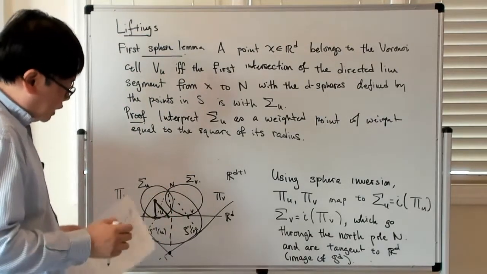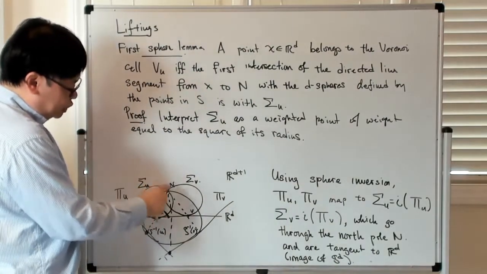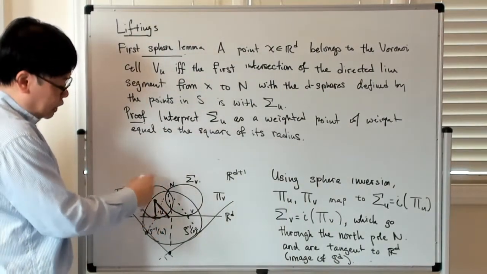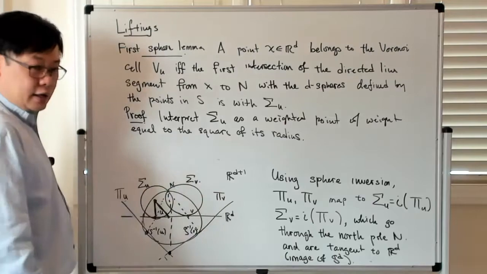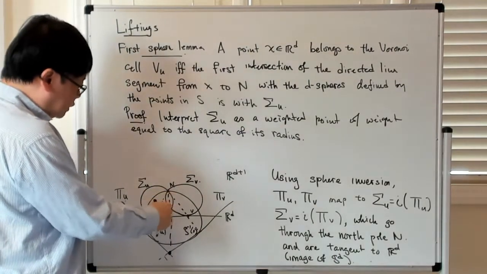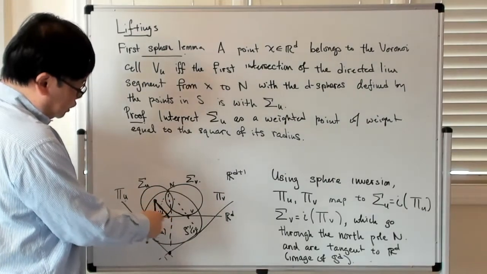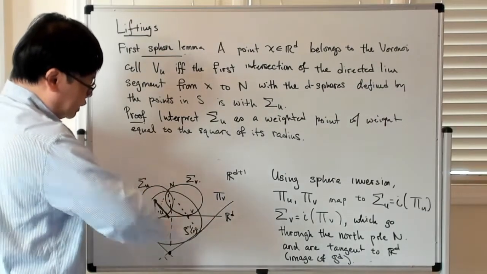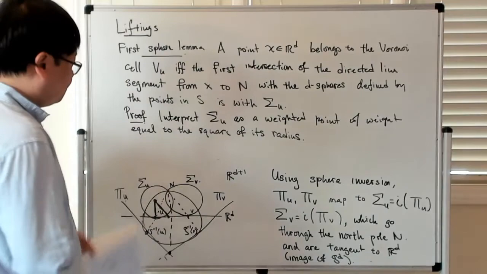Okay, so in any case, the point is that there's a relationship between this notion of power, in terms of these weighted points, and the notion of just the distance in this low dimensional space.